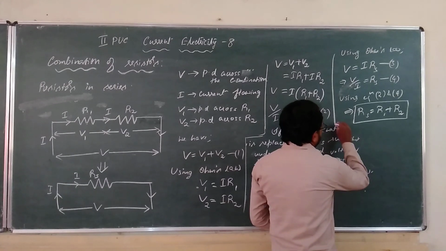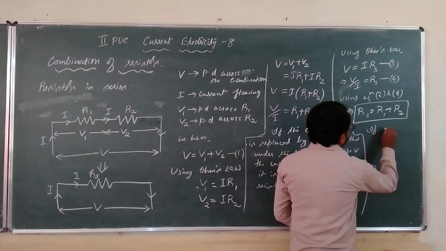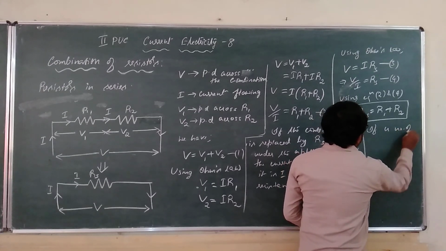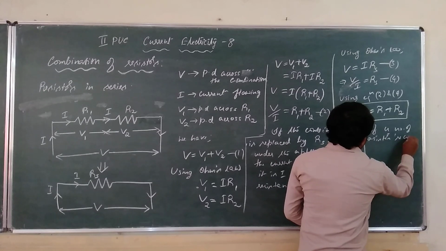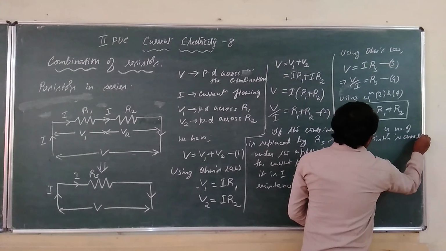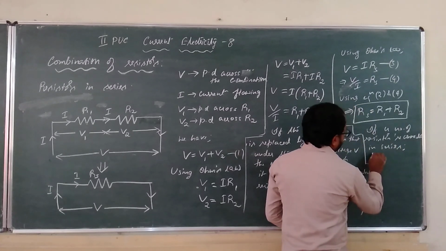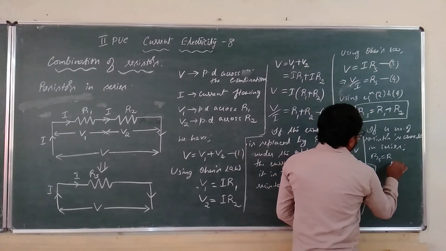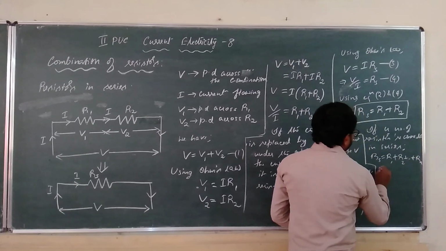So if there are n number of resistors connected in series, then Rs is equal to R1 plus R2 plus and so on up to Rn.